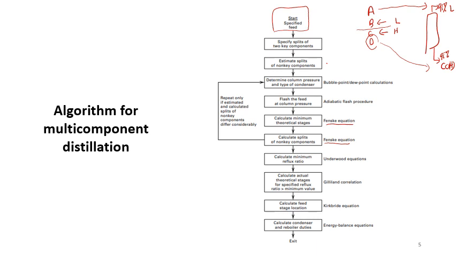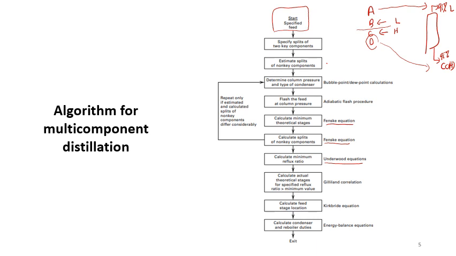Non-key components meaning the light components and the heavy components other than the light key and heavy key. Then we calculate the minimum reflux ratio, and that is going to be done using the Underwood equation.